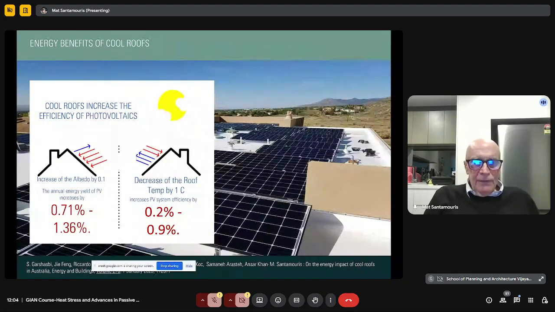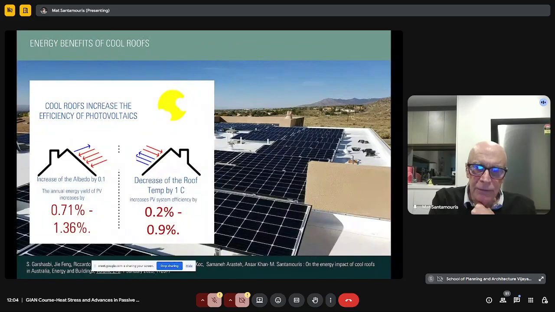Before stopping for the break, another important performance and benefit of the cool roof, especially when it is associated with photovoltaics, is that because of the reflectance of radiation and because of the lower surface temperature, they improve tremendously the performance of the photovoltaics.